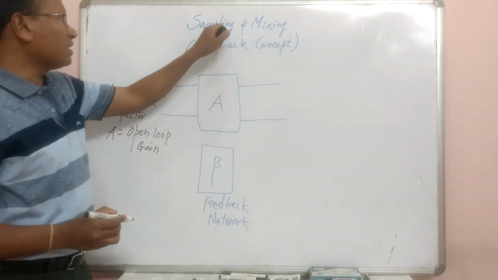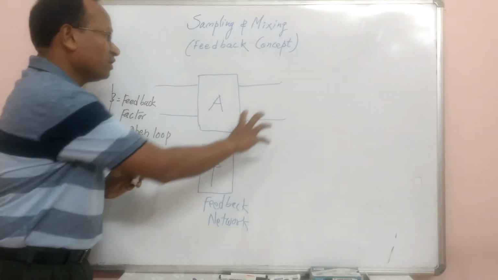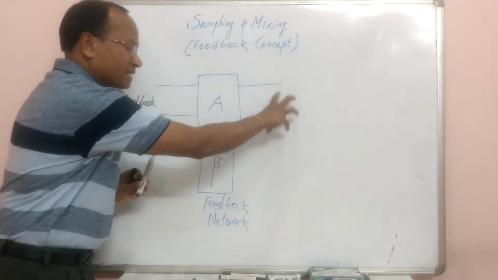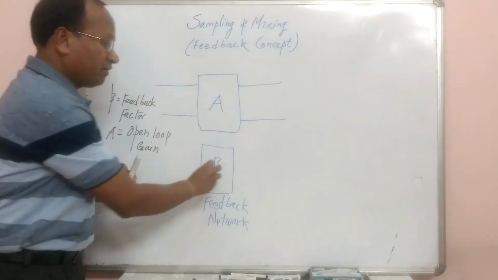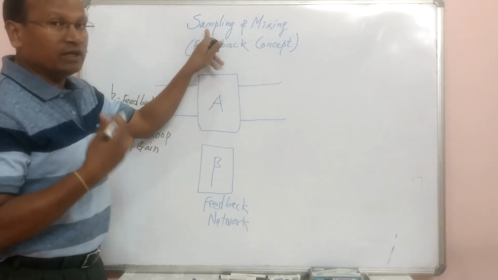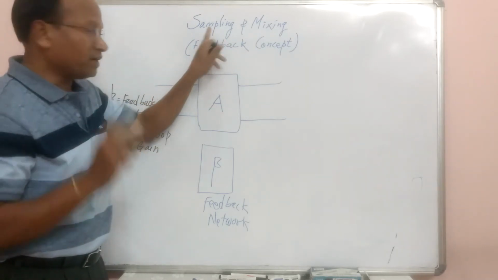Now we need to understand what sampling is. Sampling is a process by which we take some output and send it to the feedback network. How will we do this? Sampling may be performed in two different ways.